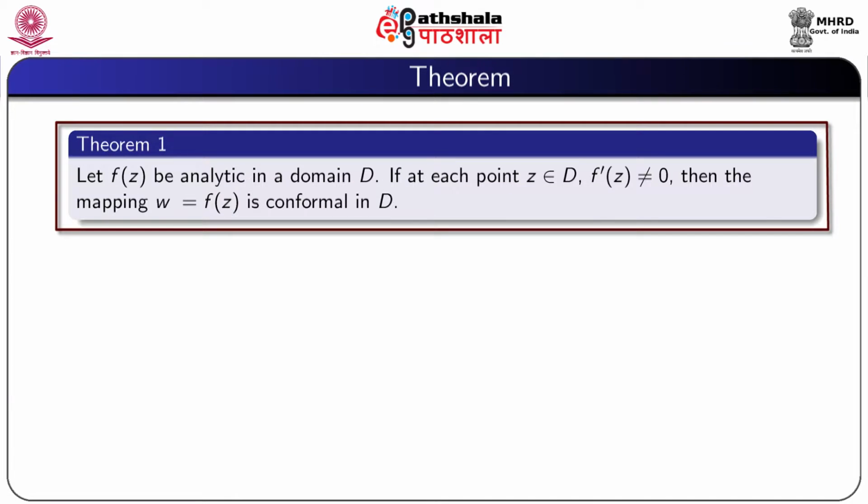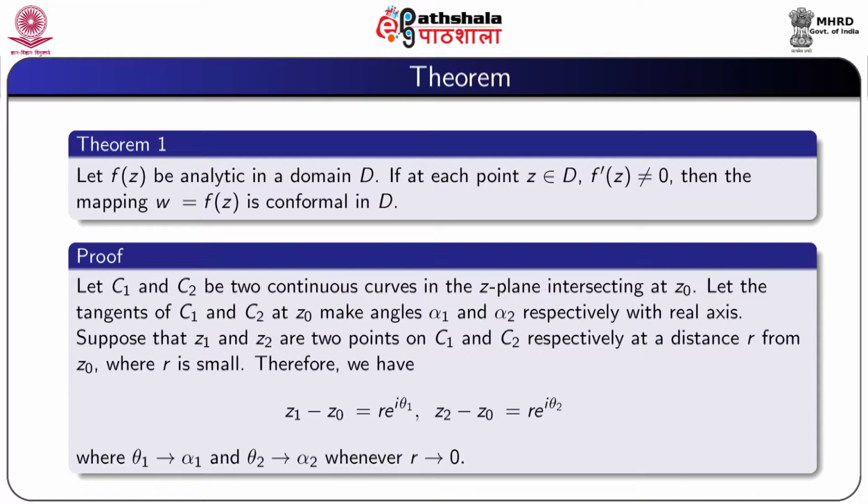So now we consider a result. Let f(z) be analytic in a domain D. If at each point z belonging to D, f'(z) is not 0, then the mapping w = f(z) is conformal in D. Proof: let C1 and C2 be two continuous curves in the z plane intersecting at z0.